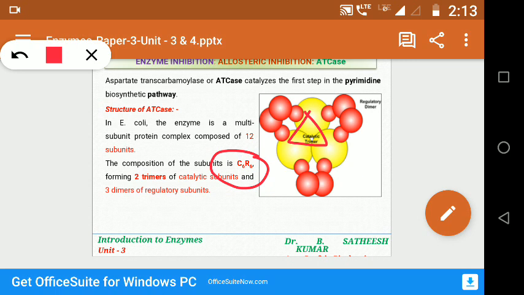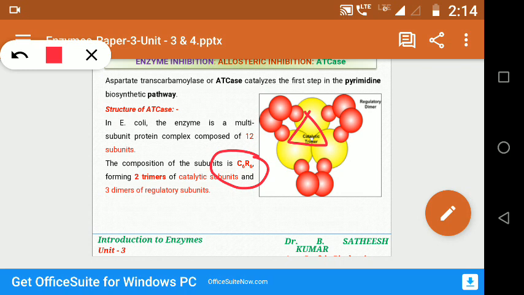These yellow circles are the catalytic subunits, and we have two trimers of catalytic subunits. These three are bound to each other and form a trimer. Another three catalytic subunits form another trimer.